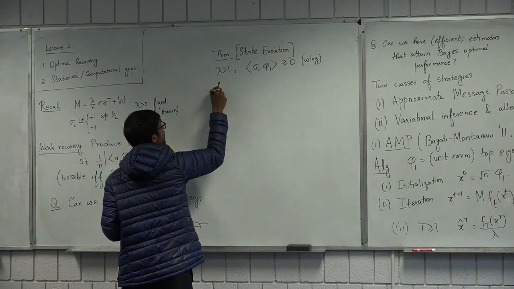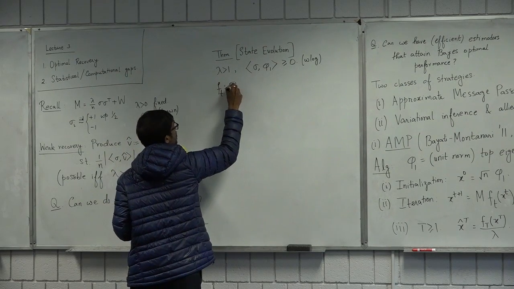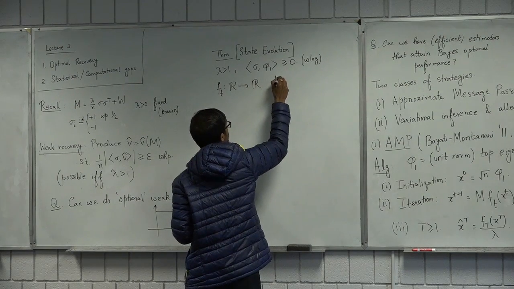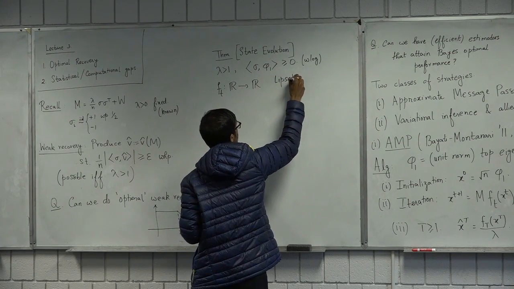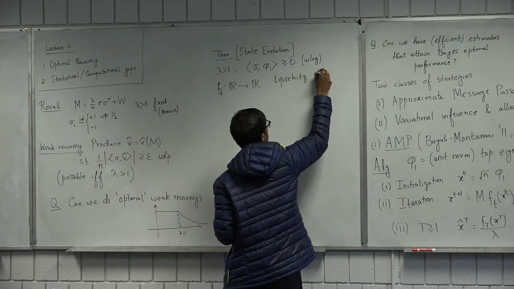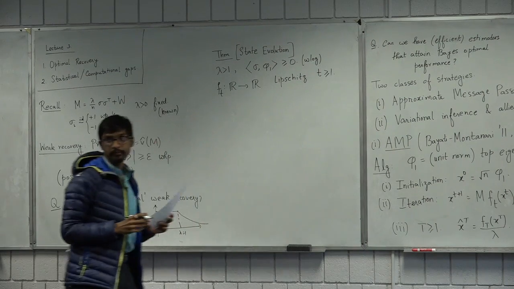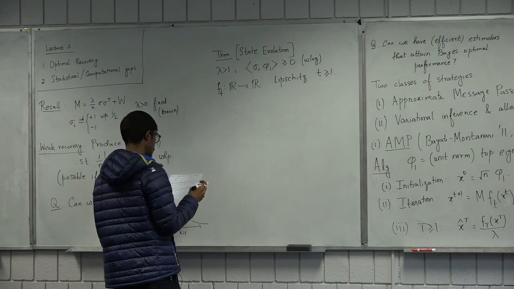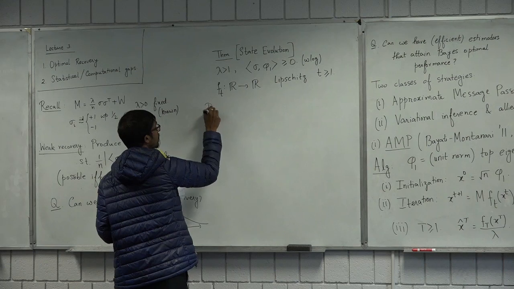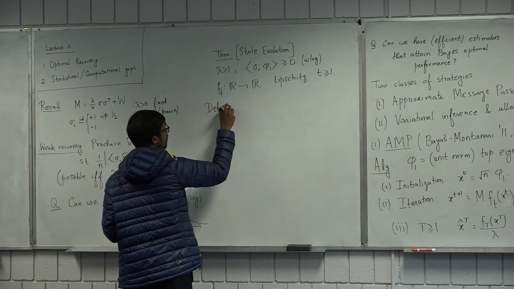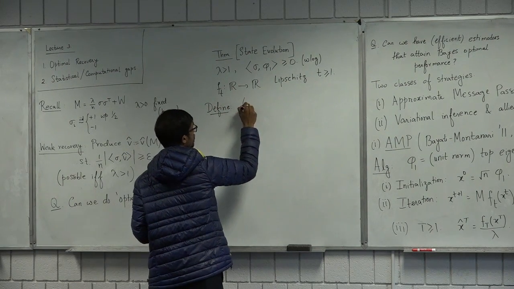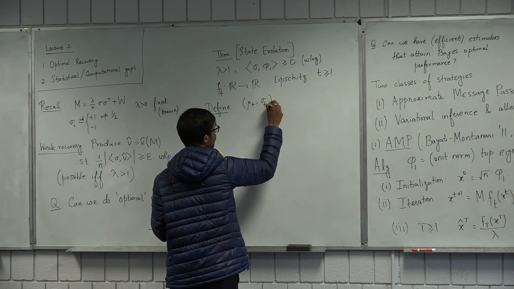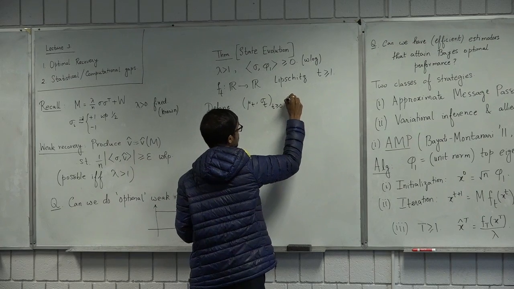Now let f_t be a sequence of maps from R to R. And let's say these are Lipschitz for any t bigger than 1. Now I define a sequence mu_t, sigma_t recursively.